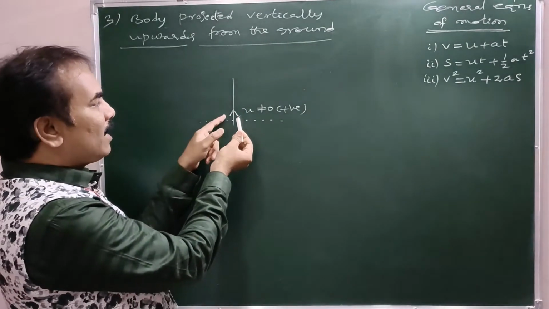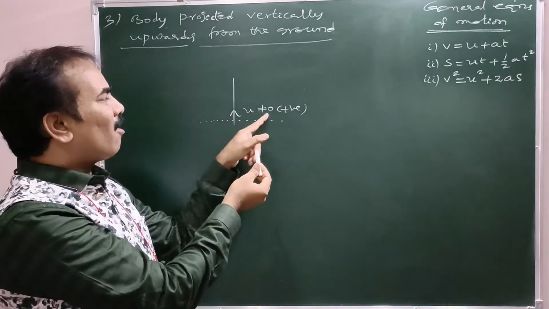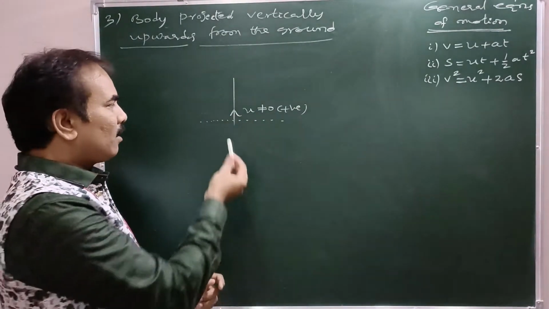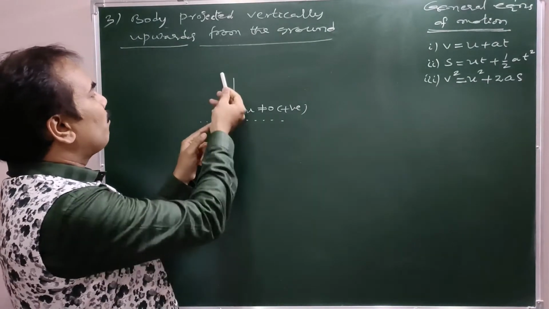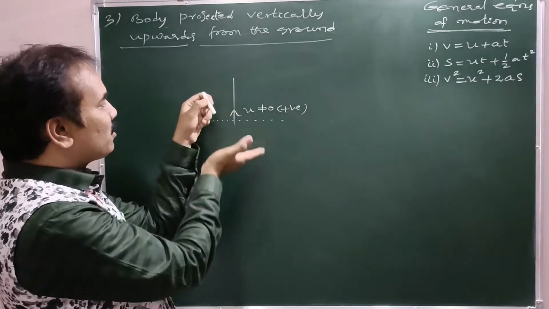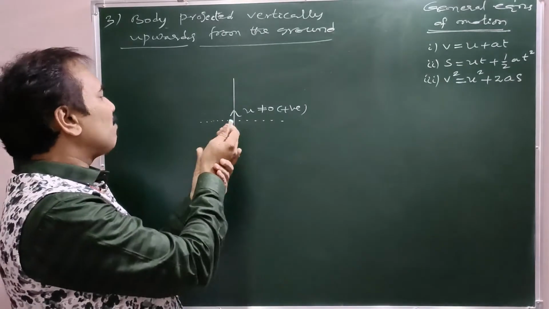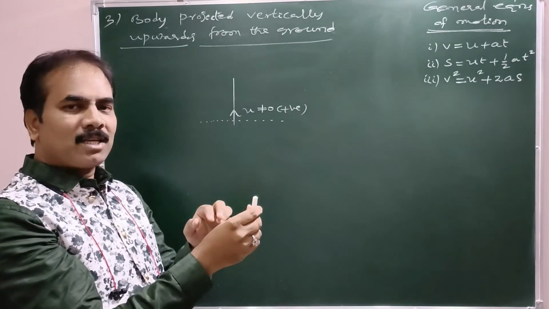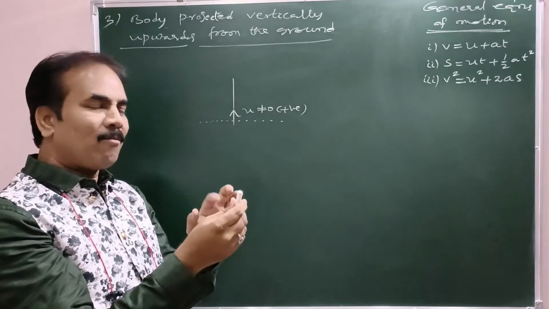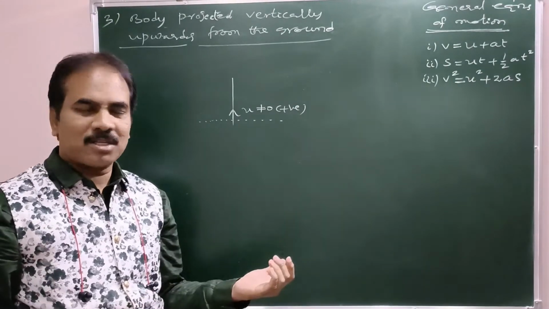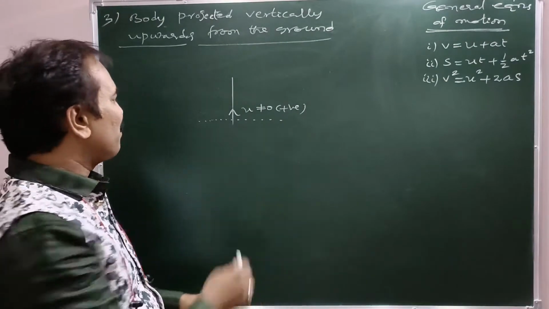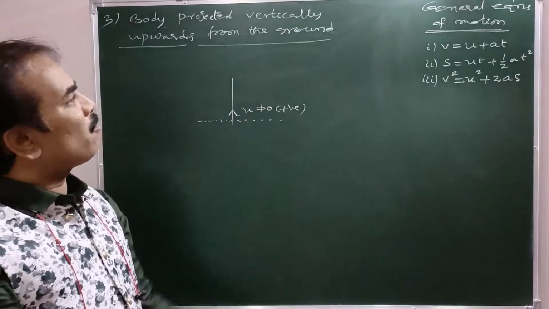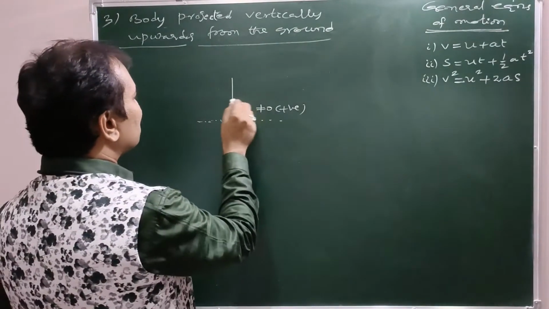Therefore the initial velocity of the body is non-zero, a finite initial velocity. If the body wants to go up, it must be projected upwards, so my hand must come into motion before releasing the object. Whatever the velocity of my hand when the body is released becomes the initial velocity, which is non-zero and positive, because it is moving above the reference axis. So u is positive, and s is also positive.